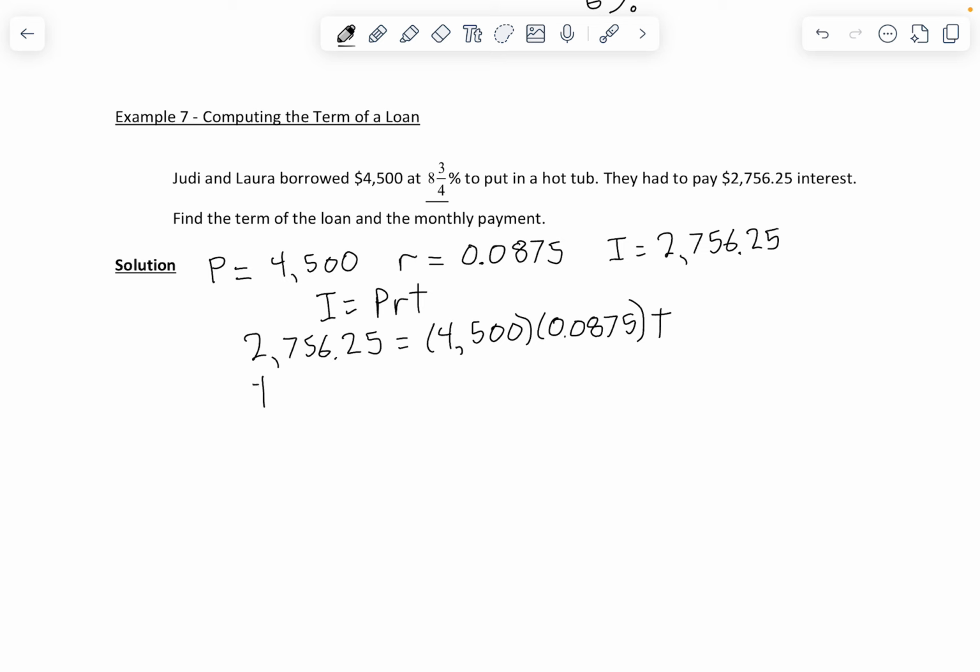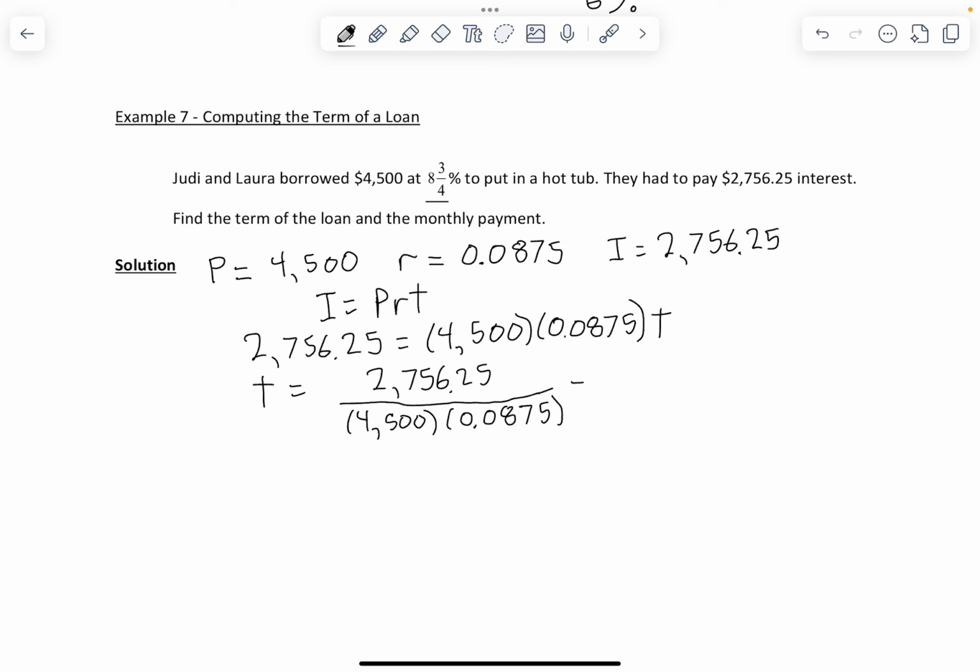If I solve for T, I will get 2,756.25 divided by the product of 4,500 times 0.0875. If I work that out on a calculator, I would get 7.